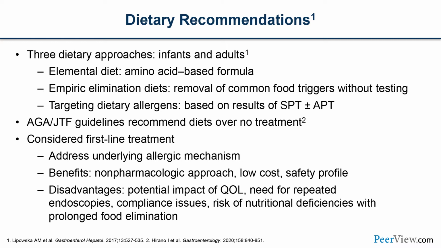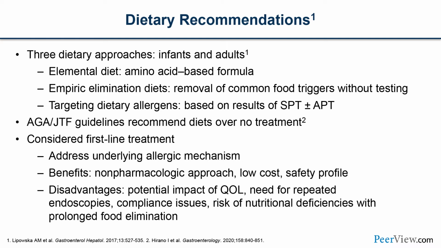And then these approaches have been used with repeated endoscopies, so that when you remove the foods, you try to see whether the esophagus has improved, and when you introduce some of these foods again, you again want to look and see, did the disease come back? So it requires a lot of endoscopies.